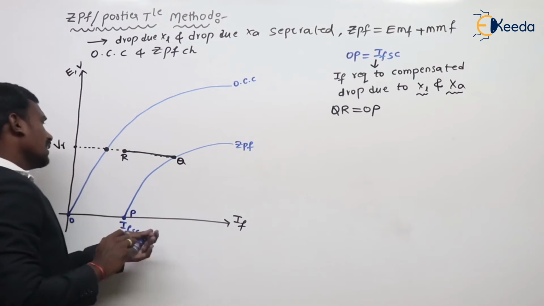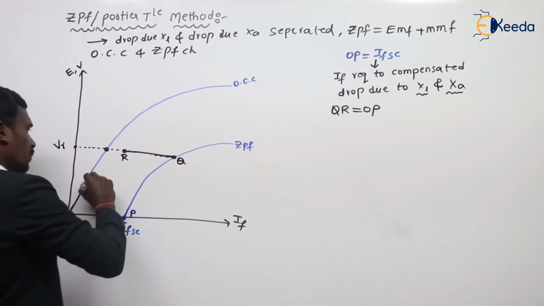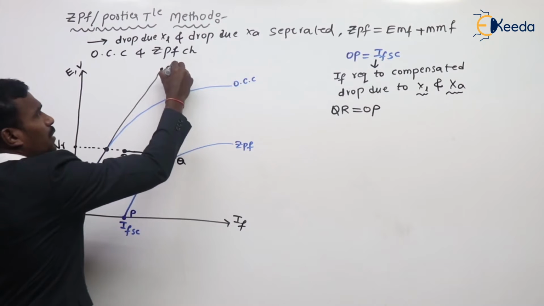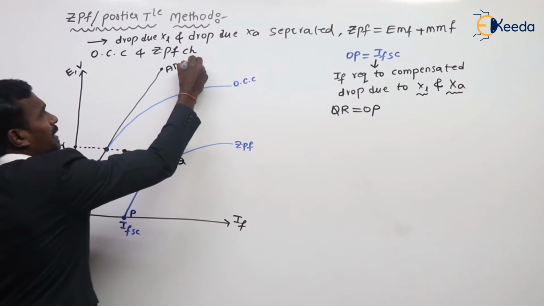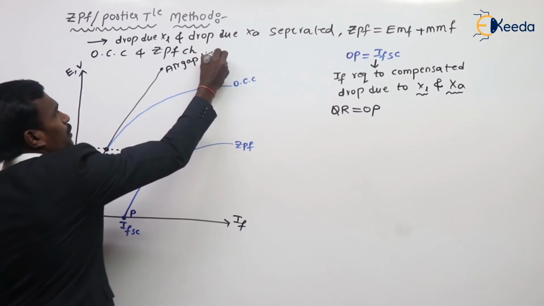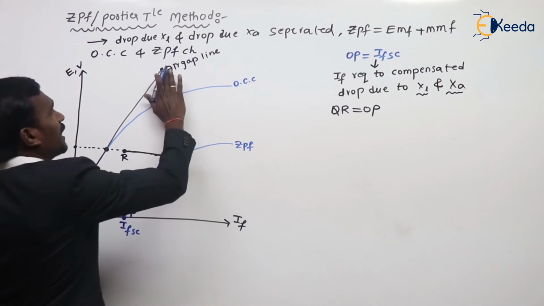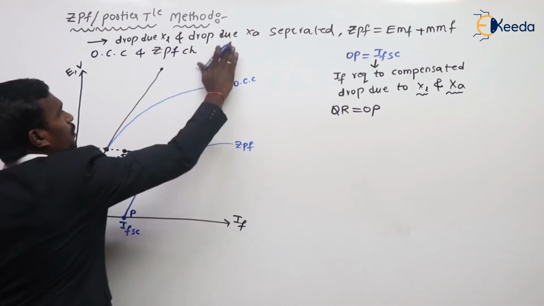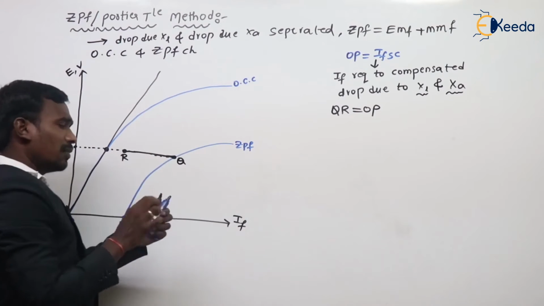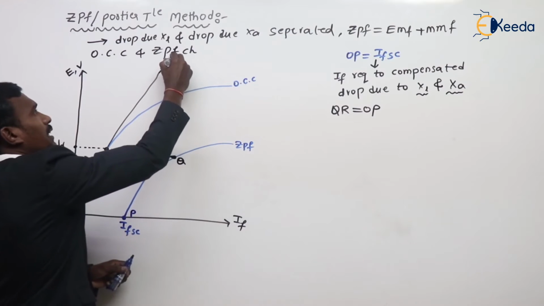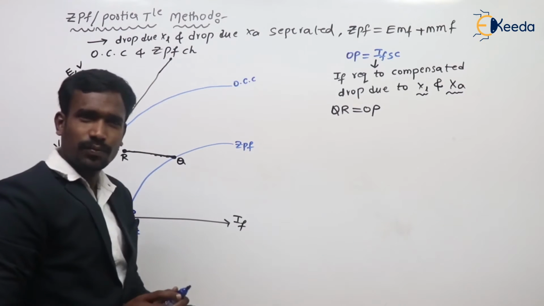Next, let's draw the tangent to the OCC. This tangent to the OCC is called the air gap line. We know this, so no need to write it here because of clumsiness. This is my tangent.